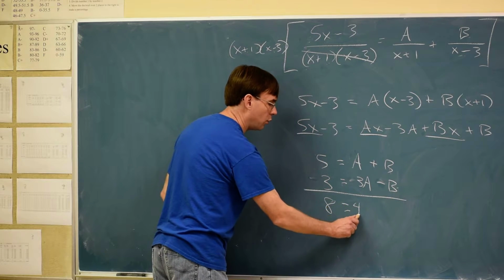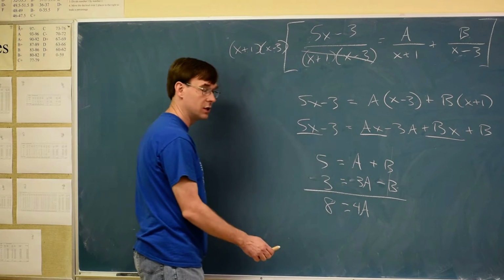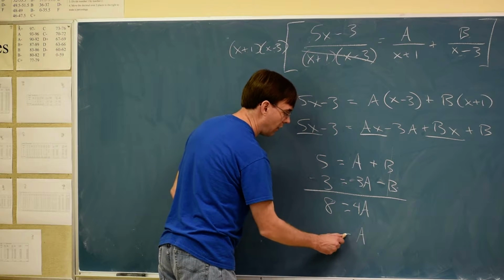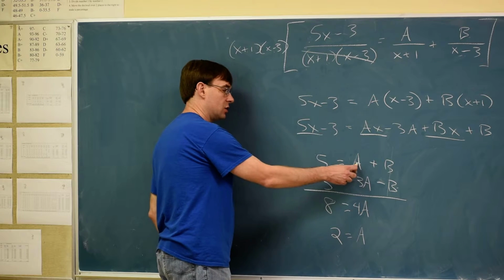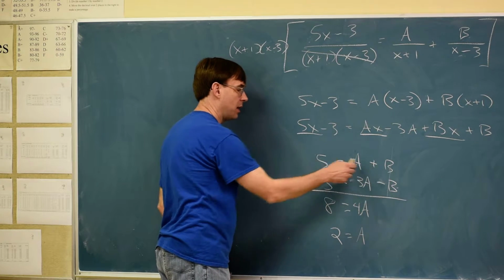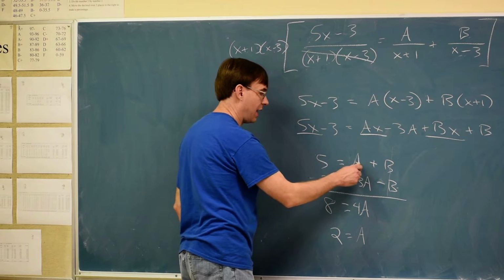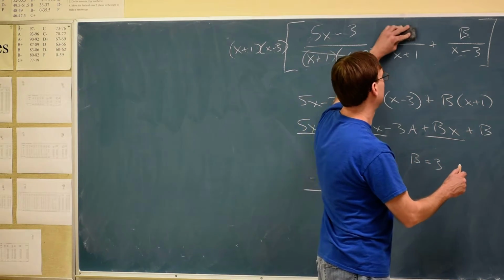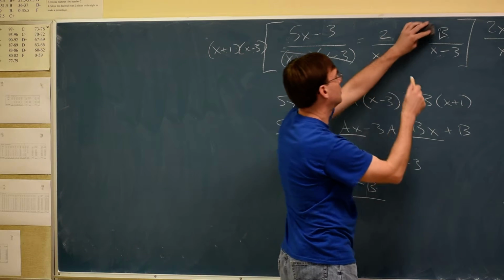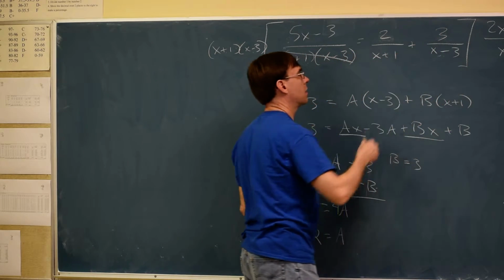So I'm going to switch, switch, switch, and add these together. 8 would equal 4A, with those disappearing. So A would be 2. And if A is 2, 2 is adding B to make a total of 5. If the A is a 2, the B has to be a 3. So I go back up here, I make the A a 2, I make the B a 3.